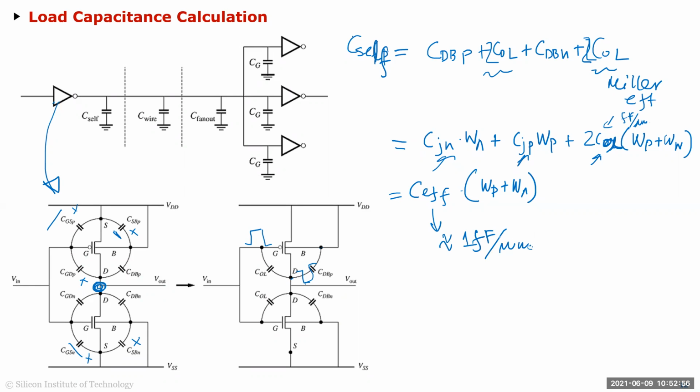Okay. So for example, let's say now you have an inverter where WP is equal to 2 micrometer and WN is equal to 1 micrometer. Then the C self is going to be 1 femtofarad times 2 plus 1, 3 micrometers. So 3 femtofarad is going to be your C self. Okay.